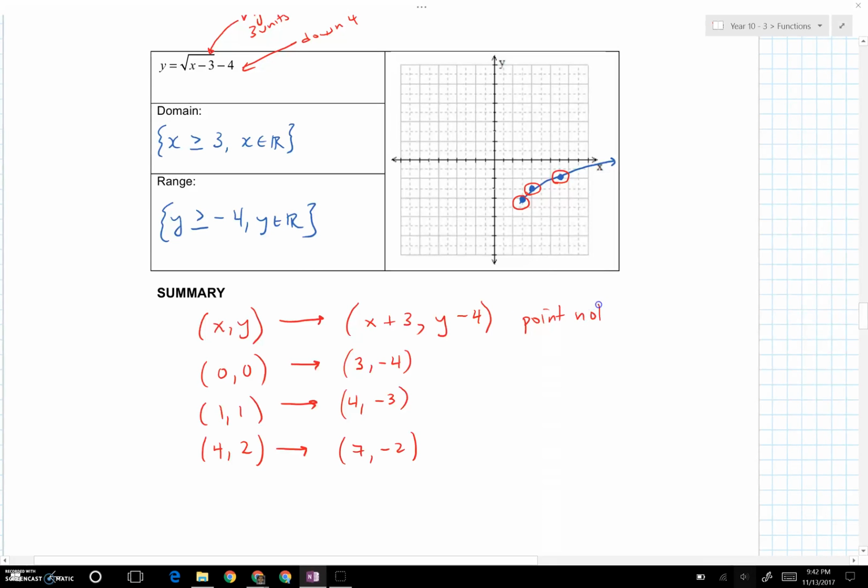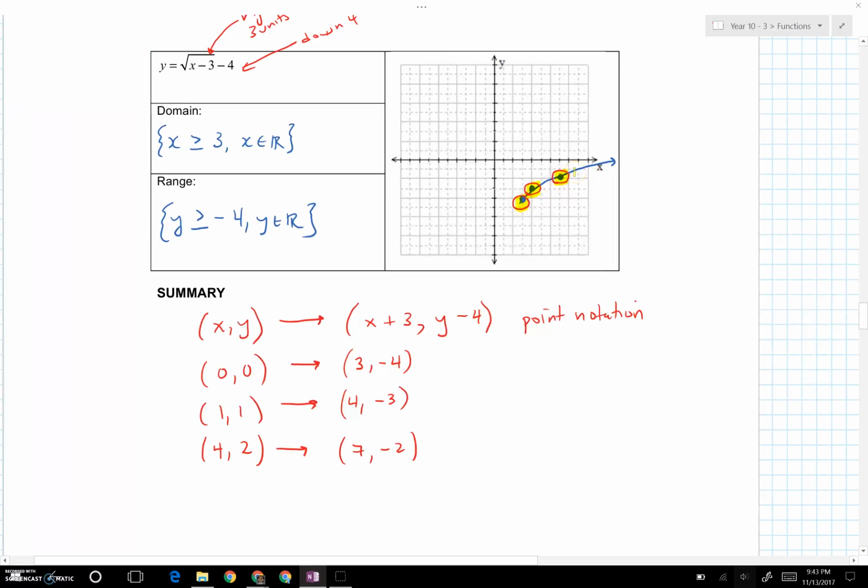My point notation tells me the transformation above, 3 units to the right and 4 units down. If I take my 3 general key points from the original function, 0, 0, 1, 1, and 4, 2, and I transform them according to this, I will get the points that I now have on my diagram, here, here, and here.